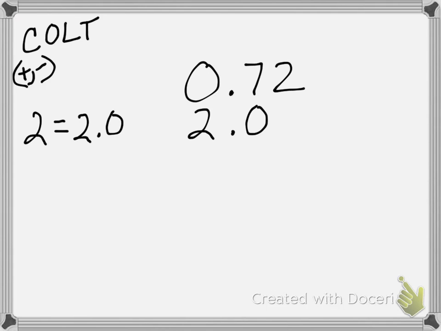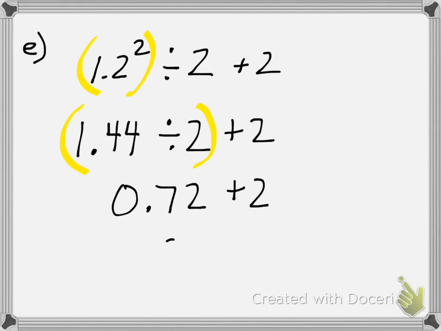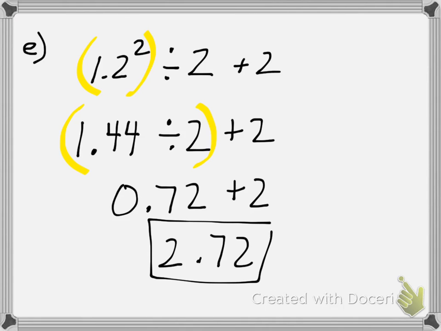So we line up the decimal point and we can actually add another 0. And we can add these and we get 2, 7, 2. Just add it and then put your decimal point directly below the others. 2 and 72 hundredths. So our answer for this one will be 2 and 72 hundredths.